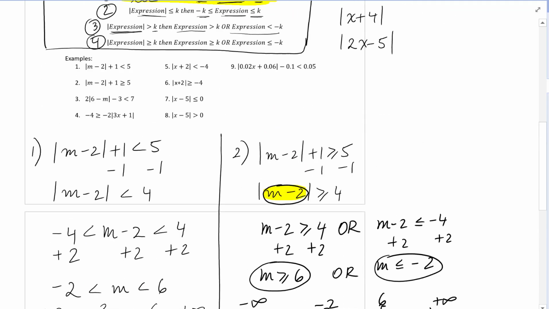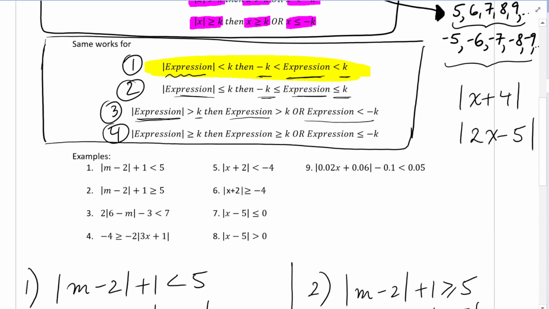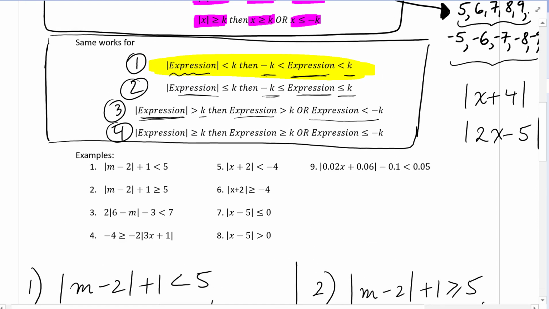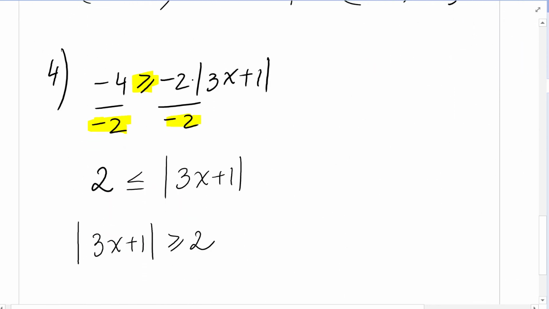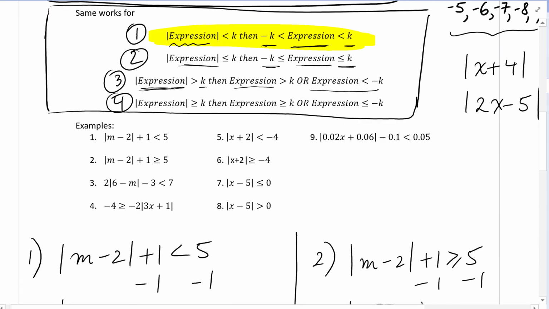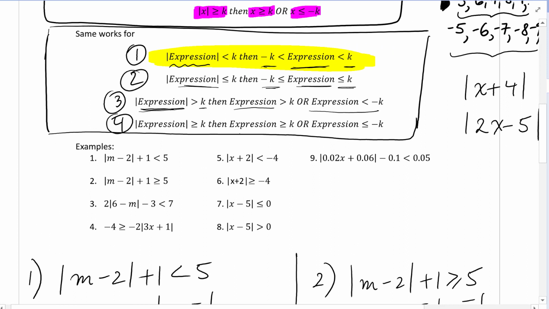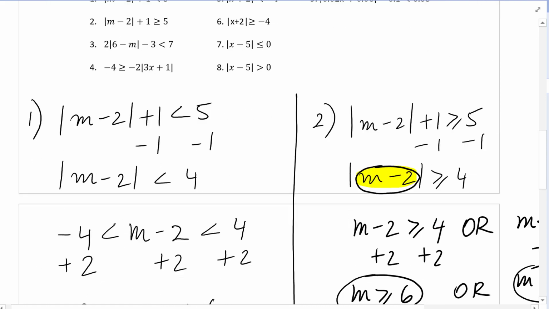Taking a look at the formulas that we have here, this problem looks like formula 4, right? Formula 4: we have absolute value of an expression greater than or equal to a number, and then the expression is greater than or equal to the number, or the expression is less than or equal to the negative of that number.